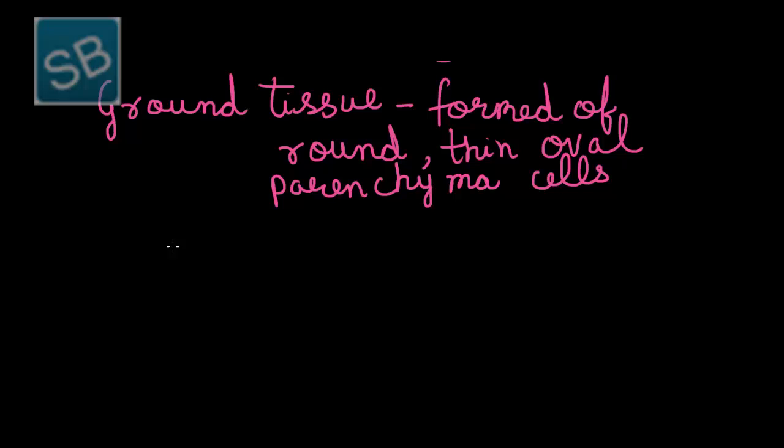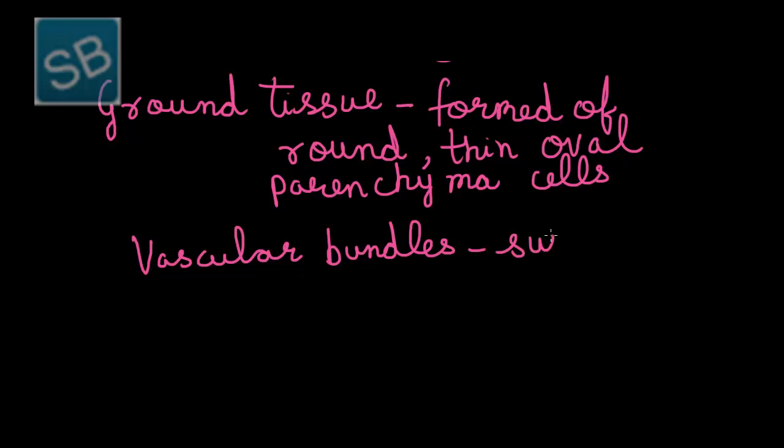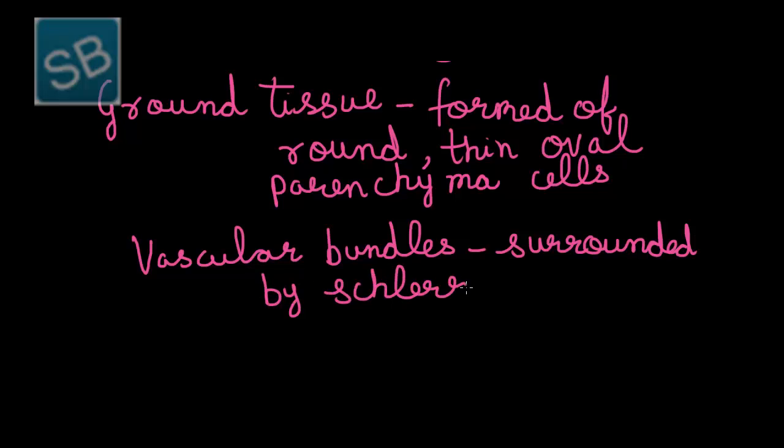In the ground tissue, a large number of vascular bundles, which are each surrounded by sclerenchyma cells, are scattered within the ground tissue.